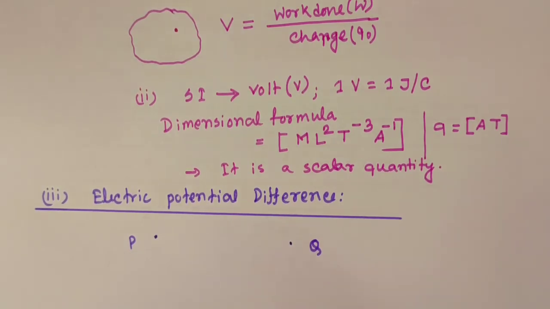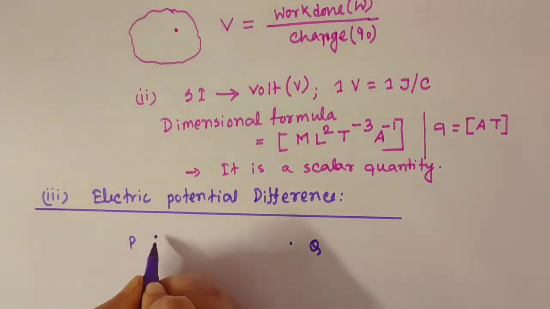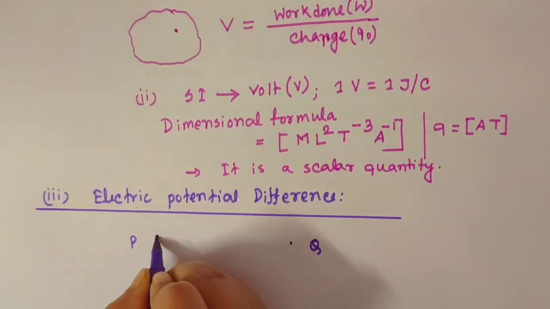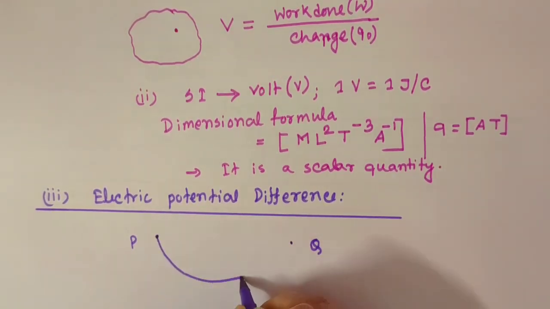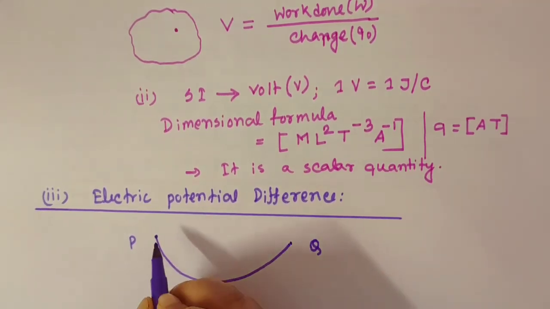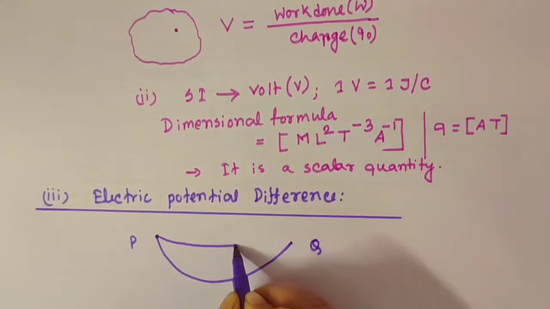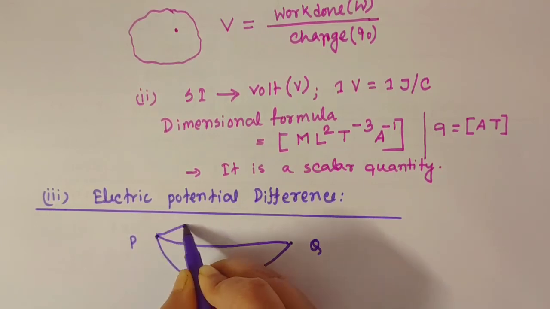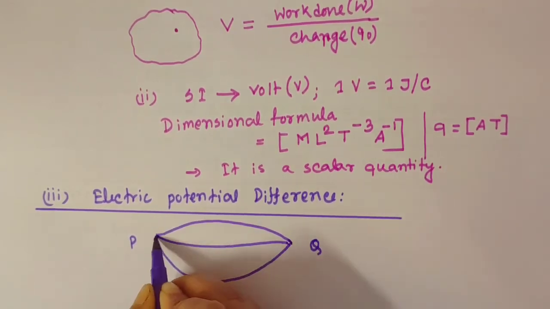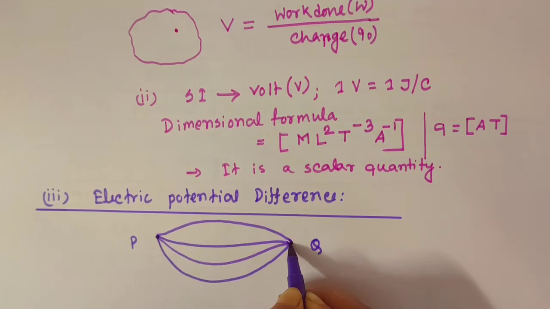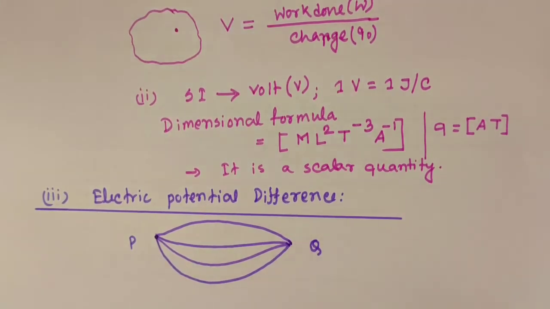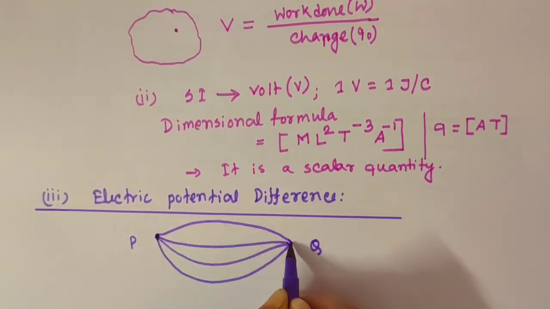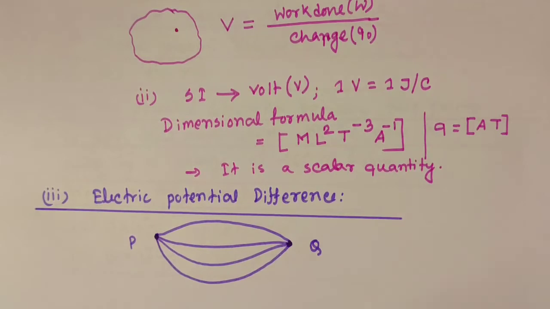So, what do you mean by along any path? So, here suppose from P to Q we follow this path, and another way suppose this one, and another way suppose this one, and there are so many paths. Okay, so any path means there are so many paths we can follow to move from P to Q. I repeat, what is electric potential difference?